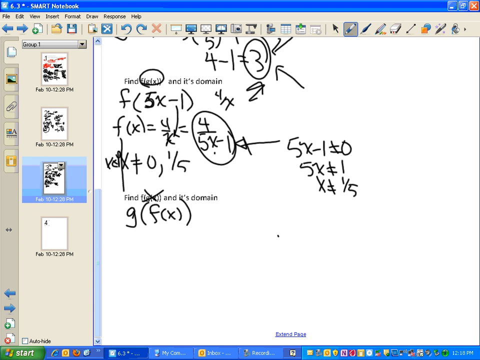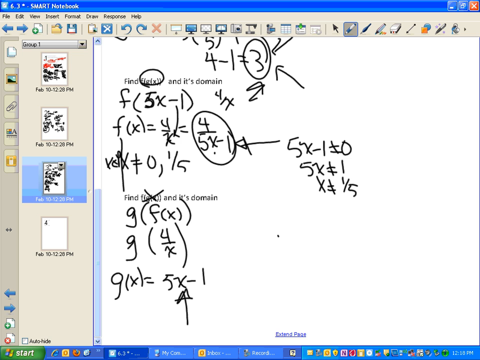So working from the inside, what are we substituting into our g function? So it's 4 over x that's got to go into my g function. And so then g's x will go into the 4? No. You're just replacing whatever is x. So my g of x is what? 5x minus 1.